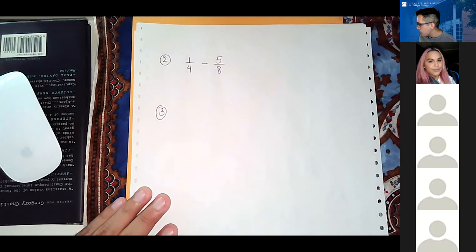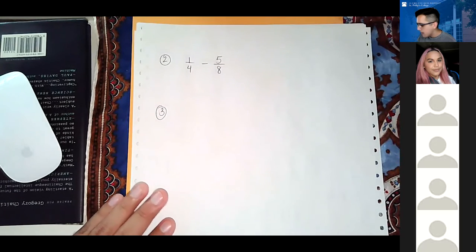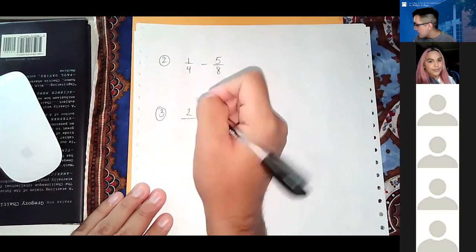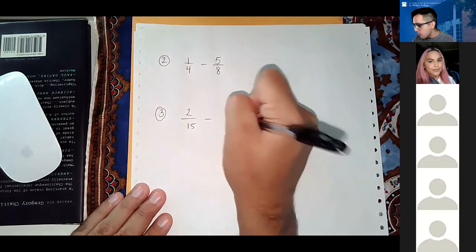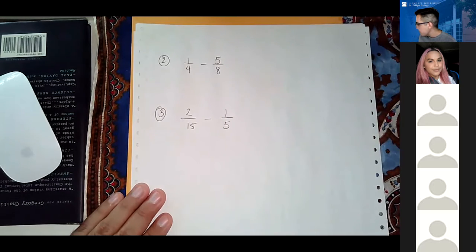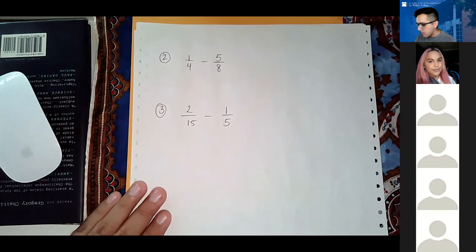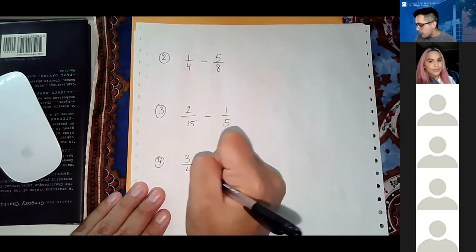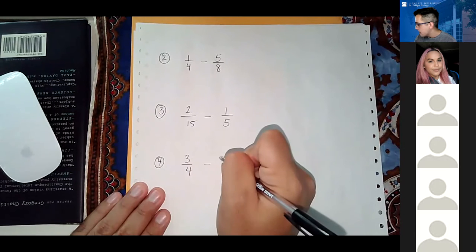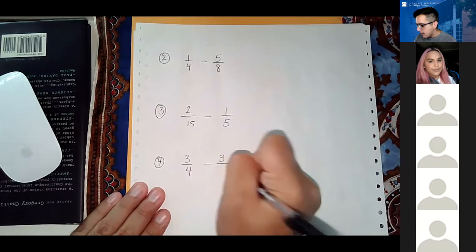See if you can beat me to it as I write these out. I'm going to do all of these as subtraction problems. So 2/15 minus 1/5. We'll do 3/4 minus 3/5.